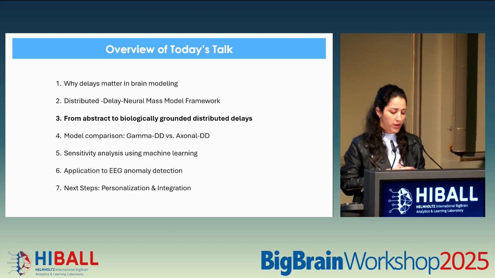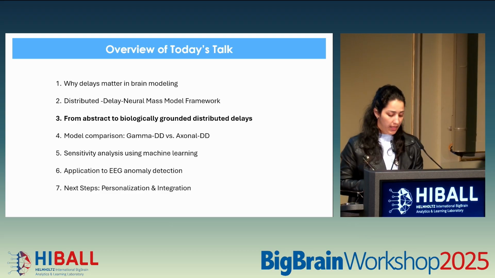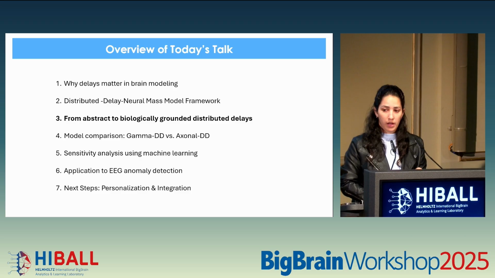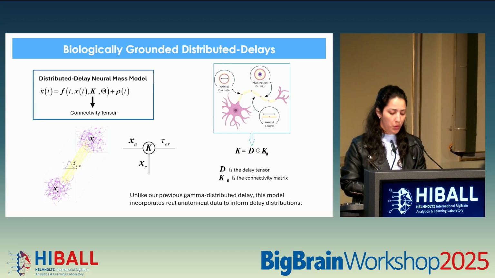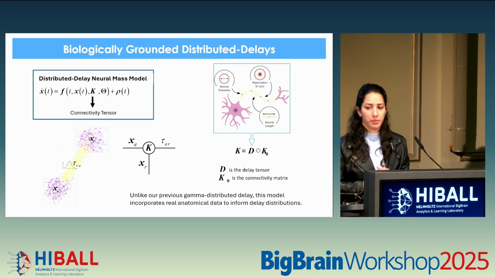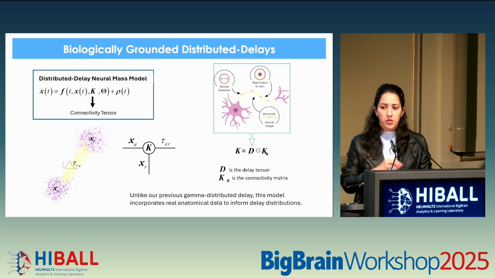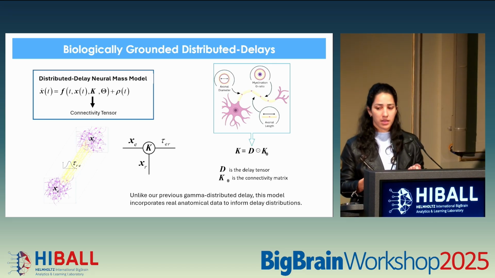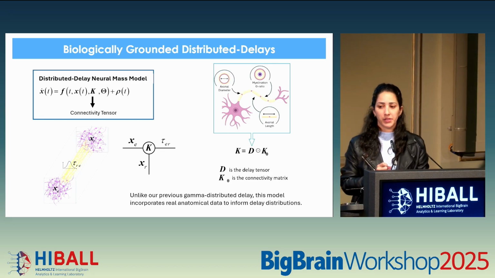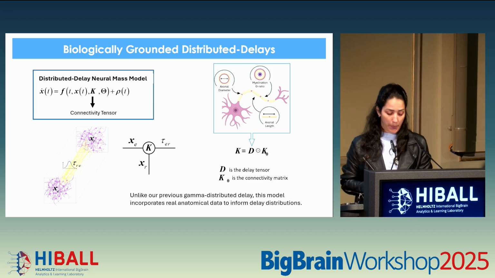So let's go now from abstract to biologically grounded distributed delays. In our previous work, we only defined a distributed delay framework, right? So now we are interested in incorporating more biophysical information. And for that, we are introducing some axonal properties, for example the length of the axon, the diameter, and the G ratio that is given by the myelination information.